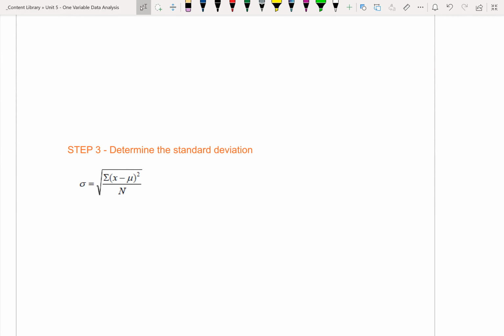Because we figured out this entire first part of our standard deviation from the table, we can now just sub that value in. So it's the square root of 67.34 divided by 6, which works out to the square root of 11.223.